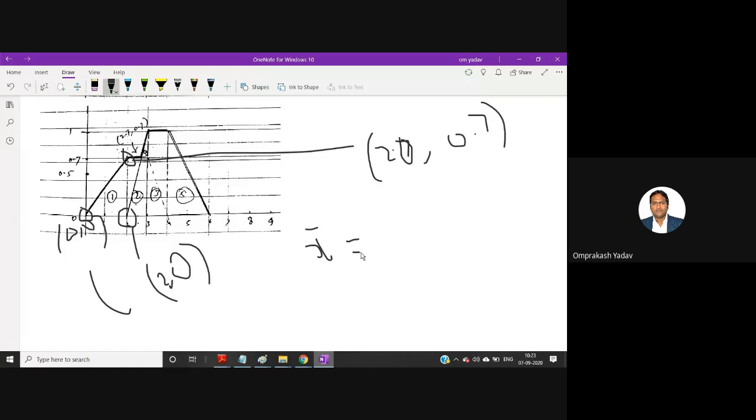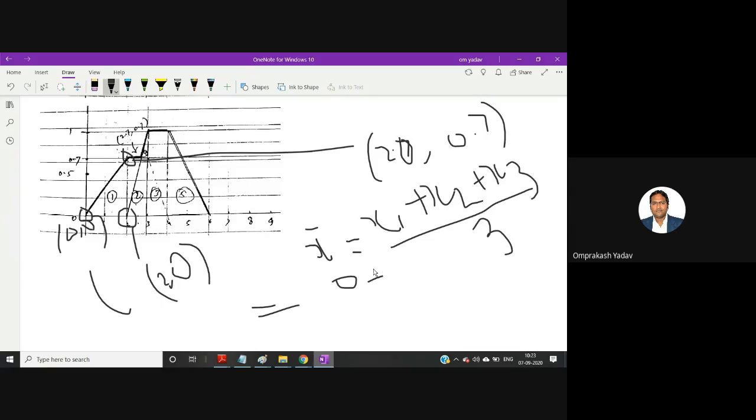simply the addition of x1 plus x2 plus x3 divided by 3. So you can write down the formula: x1 plus x2 plus x3 divided by 3. Just calculate: 0 plus 2 plus 2 divided by 3.